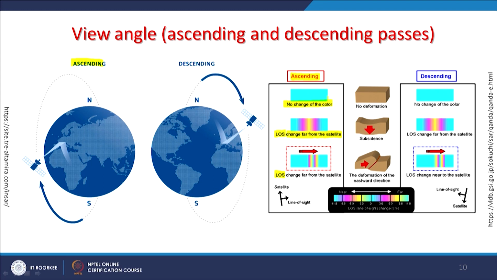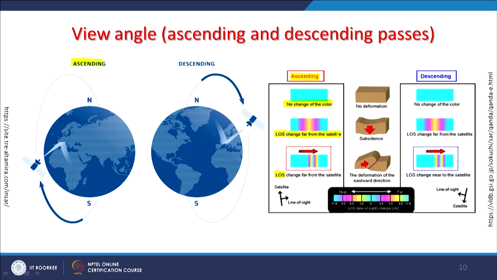If there is no change in color, meaning I am not observing any fringe showing different colors, the conclusion is that no change has really occurred between those two dates. If I see a change in colors, a single fringe, then there is a change in the line of sight.